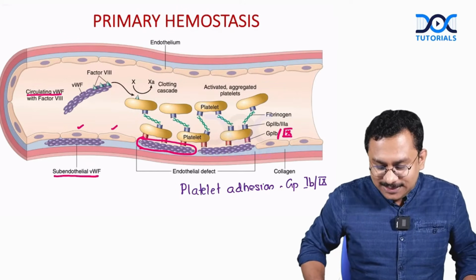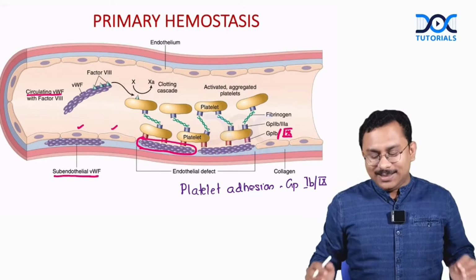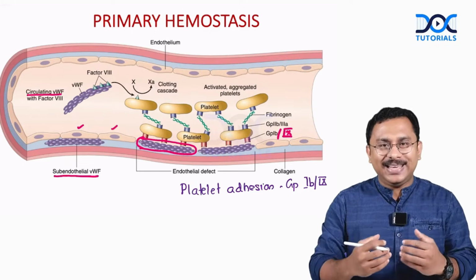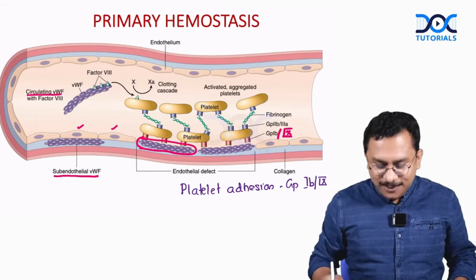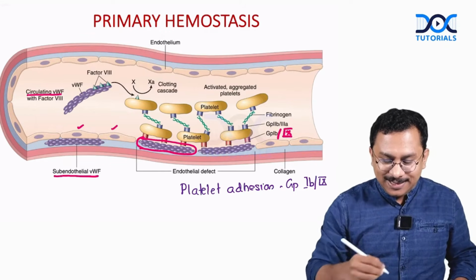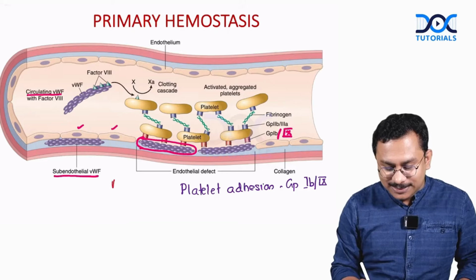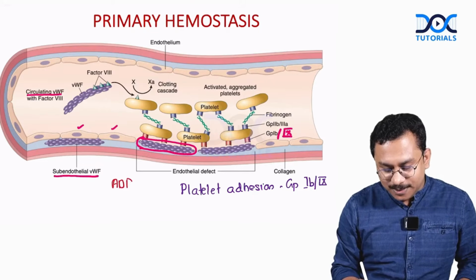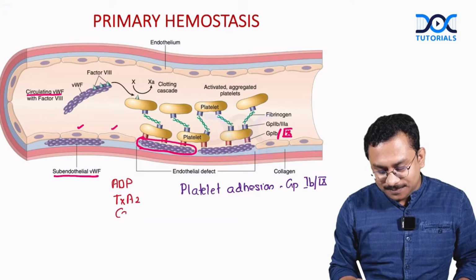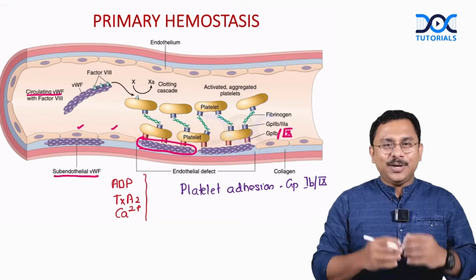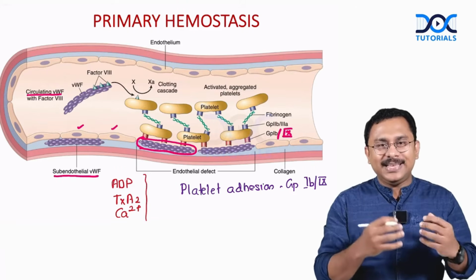Now what happens next? As a result of the platelet adhesion, the platelets get activated and release certain chemicals like ADP, thromboxane A2 and calcium, because obviously the platelets contain these in their granules.